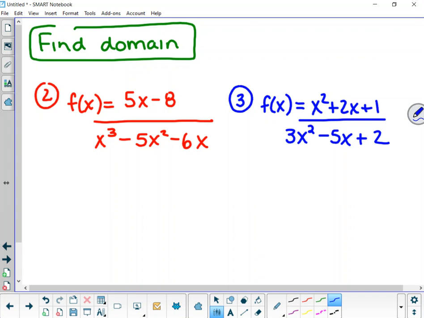All right, see if you can find the domain for each of these.